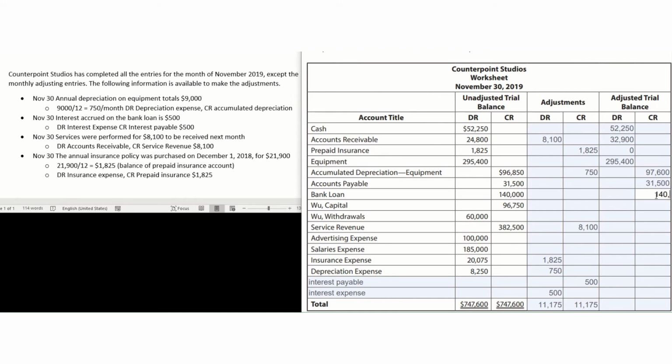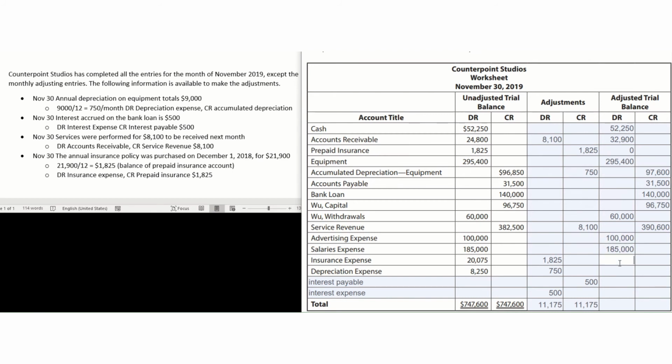Sorry about that, 140. No change to bank loan. No change to capital. No change to withdrawals. Service revenue, we're having a credit balance and we're adding another credit. They're both on the credit side, so therefore the number will get bigger to be 390,600. No change in advertising.